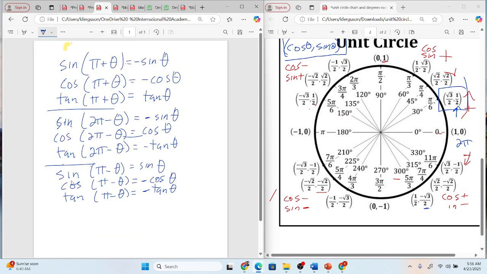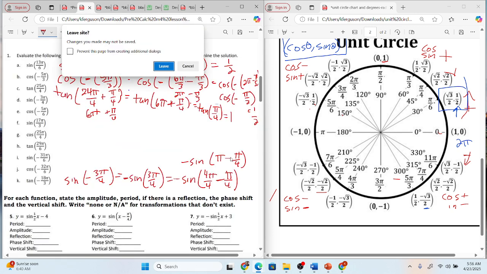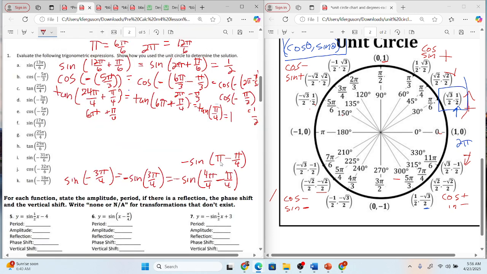So sine of pi minus my theta is positive. So this is going to be positive. So that's going to be negative sine of pi over 4, right? So that's going to be sine of pi over 4, which is the square root of 2 over 2, but it's negative.